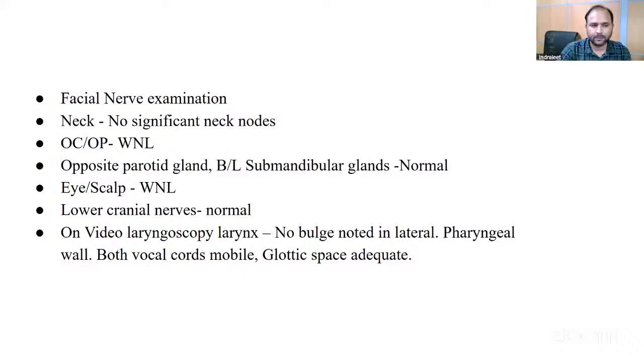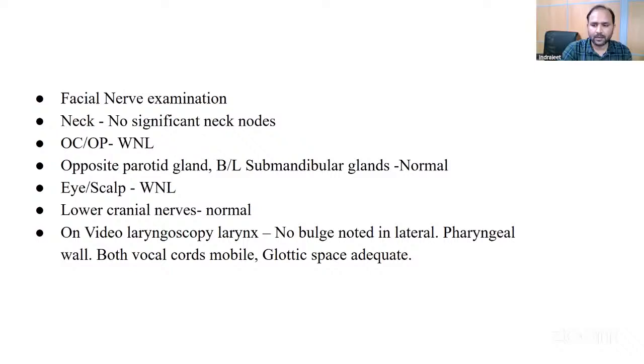Similarly, you told the surface is lobulated. What does it mean? Sir, it is not smooth like it is seen in cystic lesions, sir. So what does a lobulated parotid swelling usually suggest?